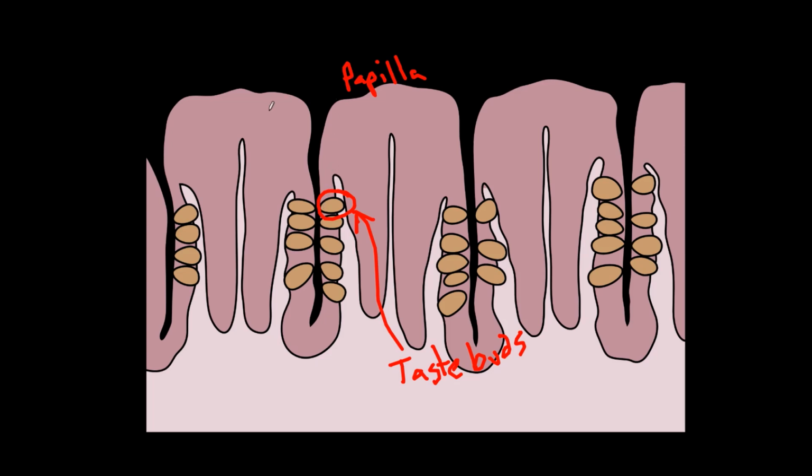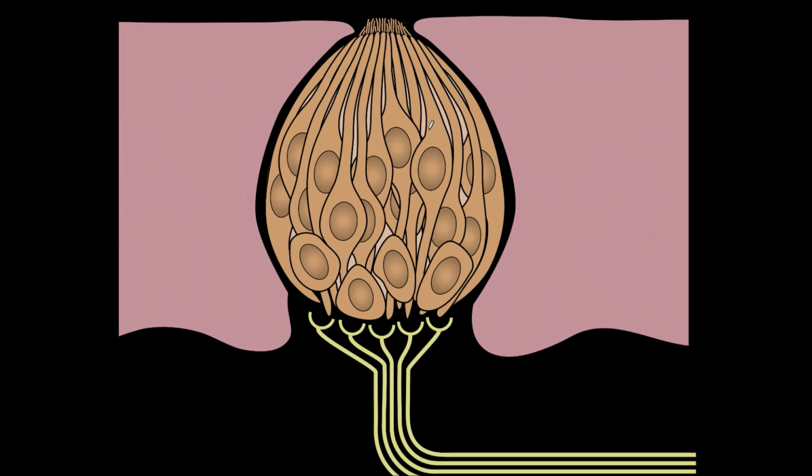And so if we zoom in specifically to one of these taste buds, this is kind of what you would see. Most of the chemoreceptor cells of the taste buds are embedded down inside the tissue, and we have a couple different parts here that we want to talk about. First off is the opening into this, which is called the taste pore. And then we have a few other things.